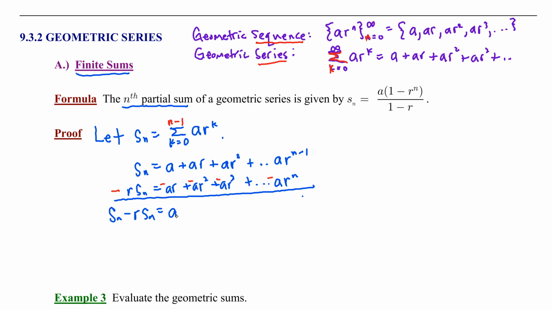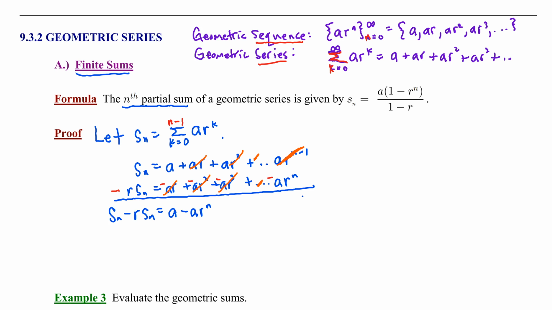Notice a would remain after the subtraction, but we'll have a lot of like terms that cancel. In fact, they cancel in this diagonal pattern. So this term would cancel with whatever term would live right here. This term is going to cancel with the term that precedes this last one. So the only thing that's left on this last line is minus ar to the nth power.